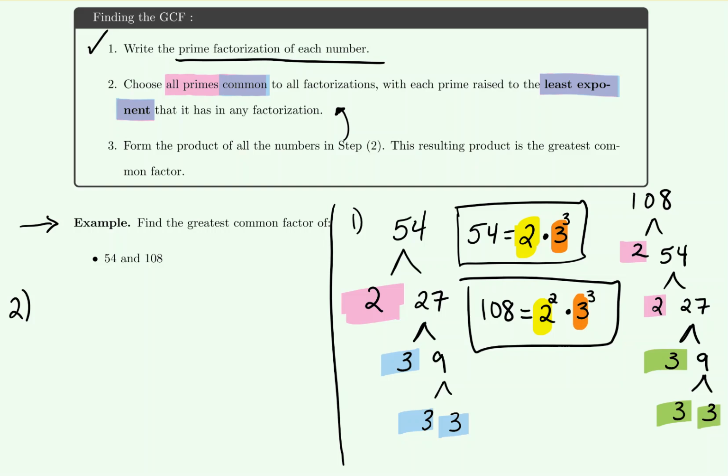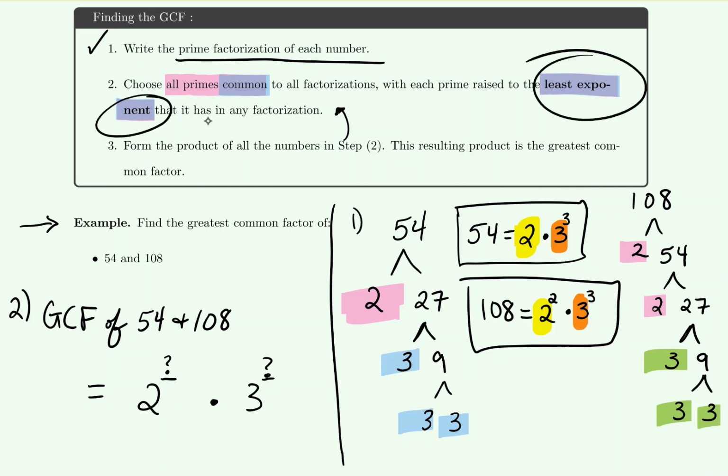But we see that they have different exponents, so we know the GCF of 54 and 108 is going to involve 2 times 3, but to what exponents? How do we know what exponents occur? It's the least exponent that it has in any of the factorizations. So here you would combine piece by piece. So just looking at 2 for right now.